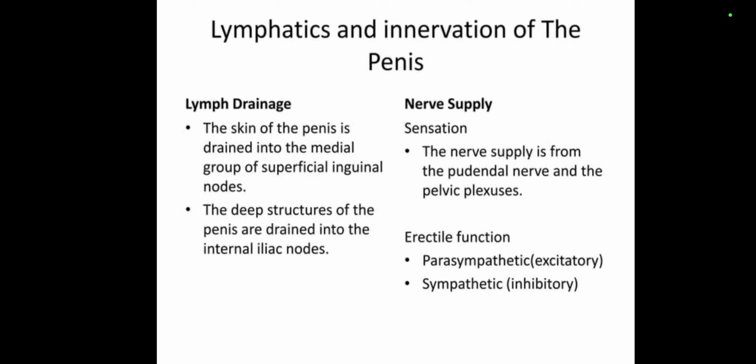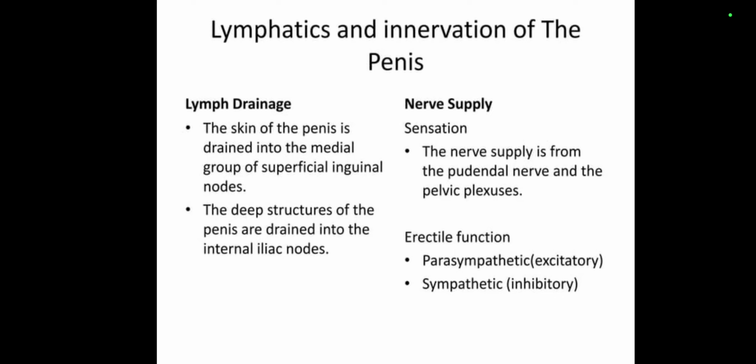It sends motor signals, which is why the penis can erect and move. Then in erectile function, parasympathetic is excitatory, and sympathetic is inhibitory. So that is the lymphatic drainage and the innervation of the penis.